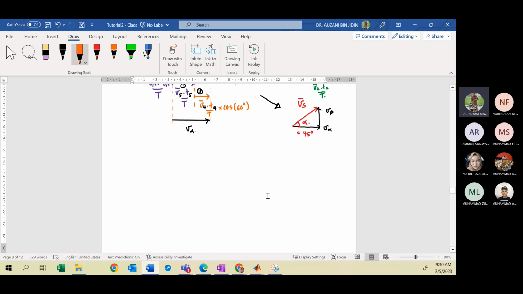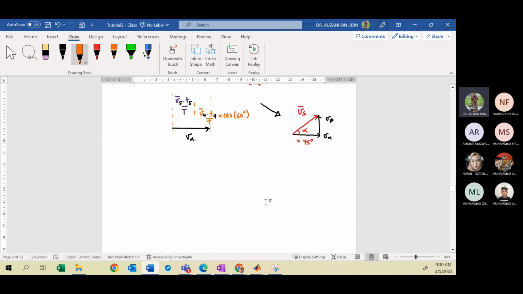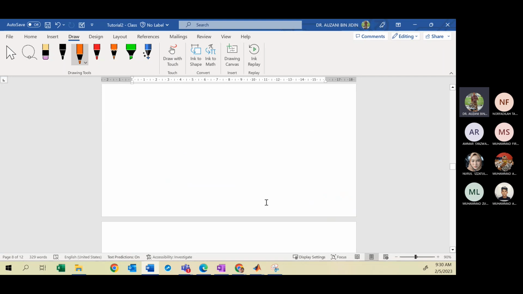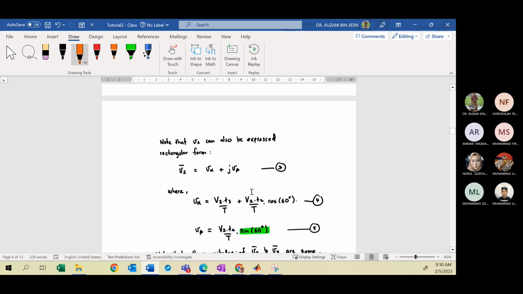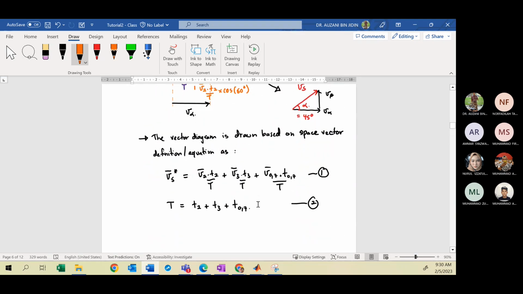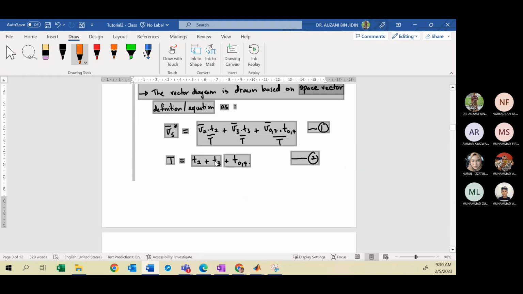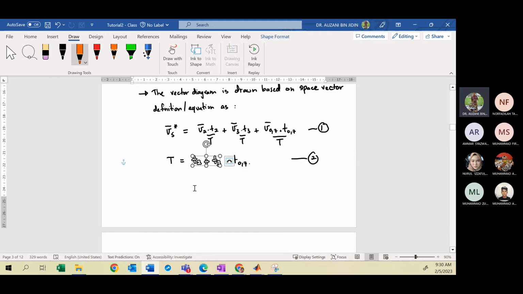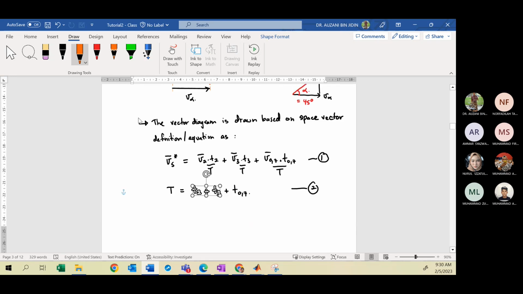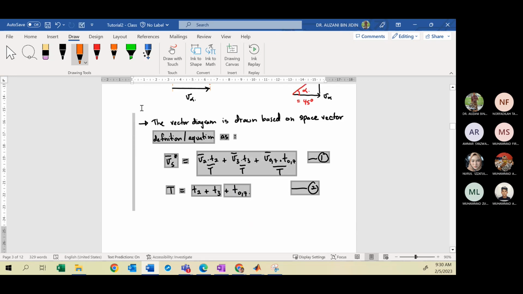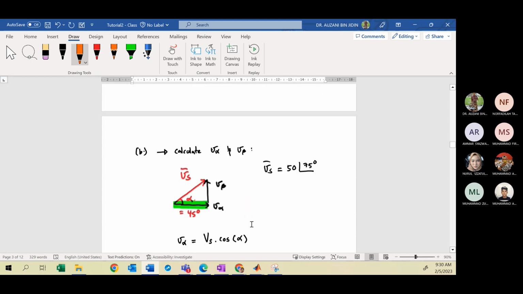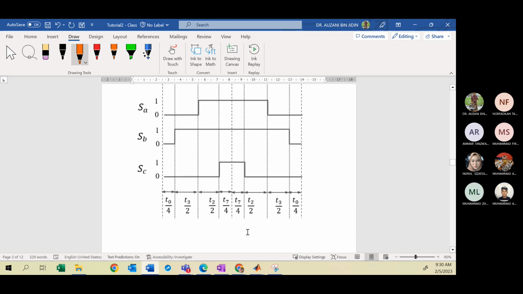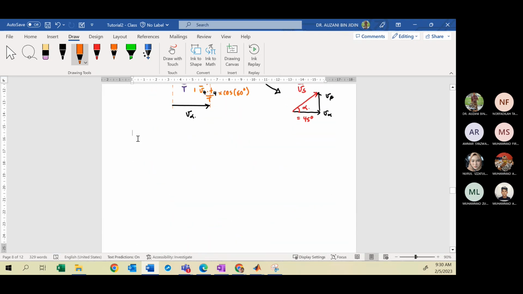Okay, then you apply the same process here as discussed in question number 1. Copy this, copy. Actually, starting from here, we just copy. Put to here.